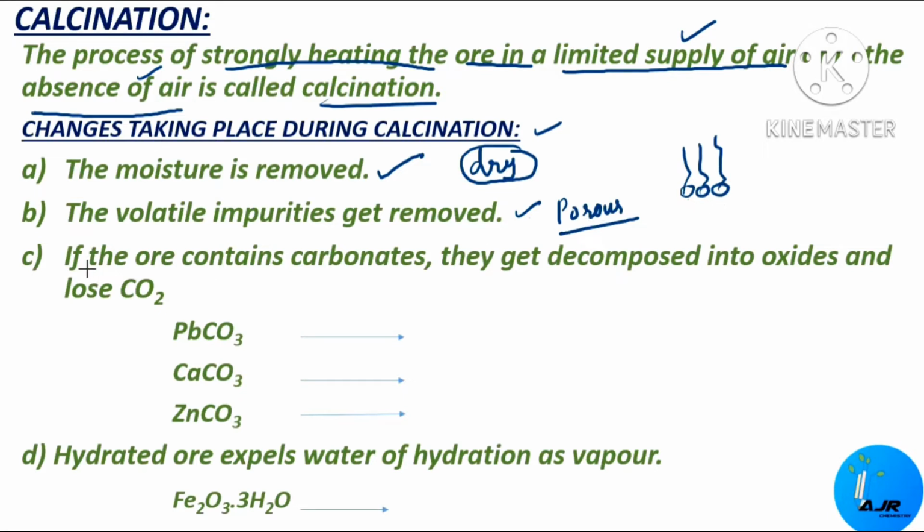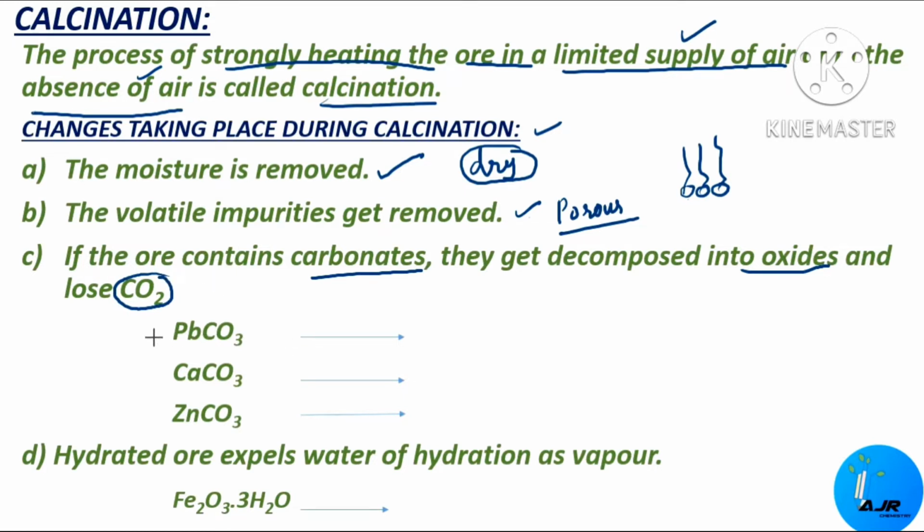Now the next one: if the ore contains carbonates, they get decomposed into oxides and lose carbon dioxide. When carbon dioxide leaves while we are heating, pores are formed.